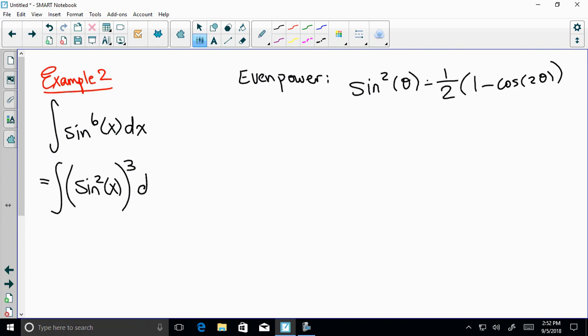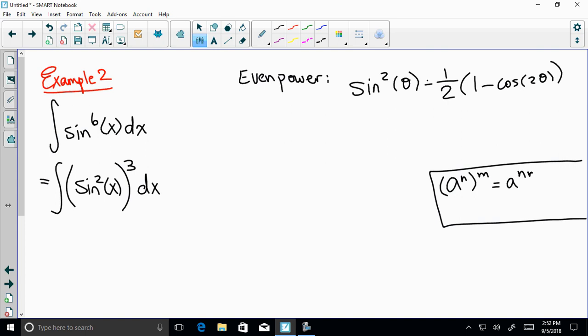Then what? dx. Why is it 3? Because 2 times 3 gives me what? 6. Right? So remember, our power rules are this. You've got a to the power n to the power m means a to the power n what? M. Right?